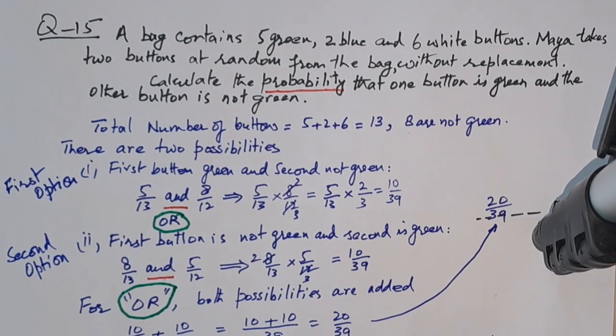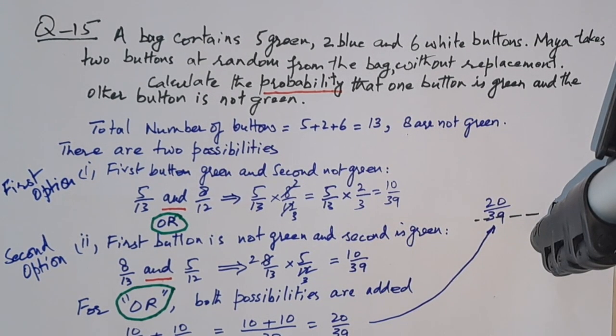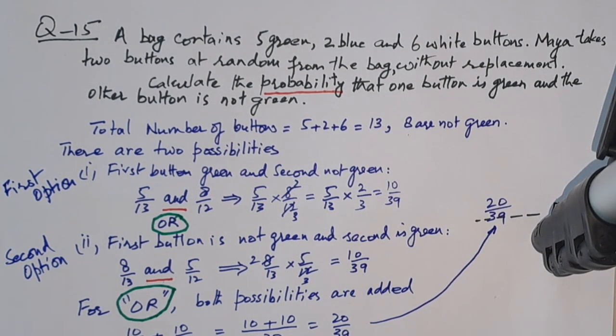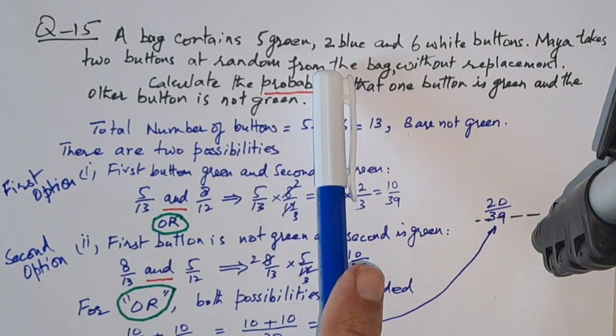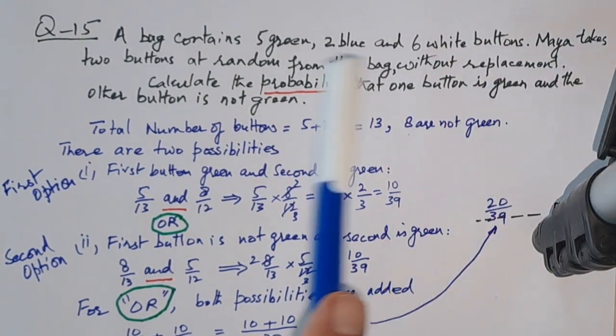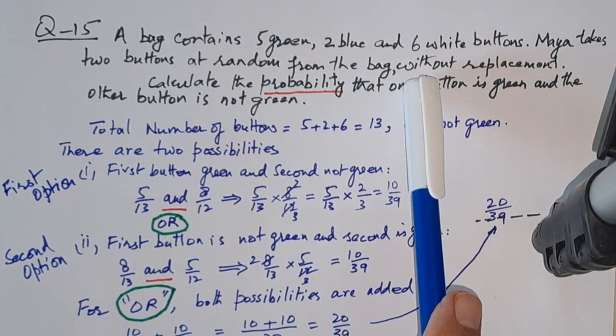Question number 15. The question is of the topic of probability. The question reads, a bag contains 5 green, 2 blue and 6 white buttons. Maya takes 2 buttons at random from the bag without replacement.